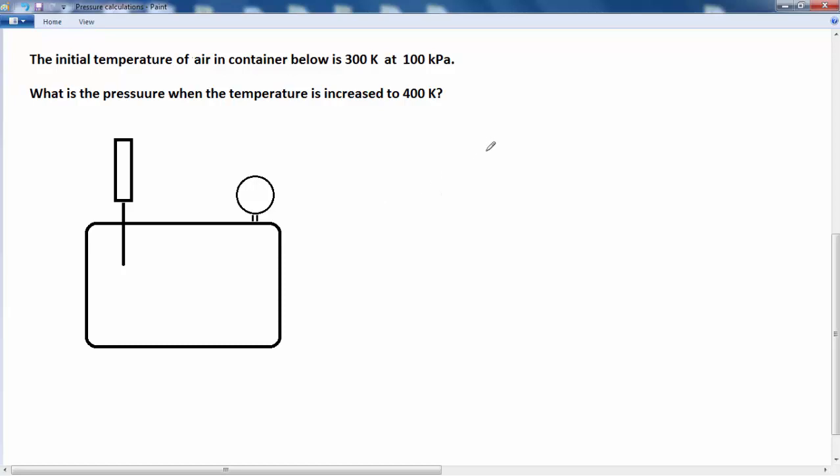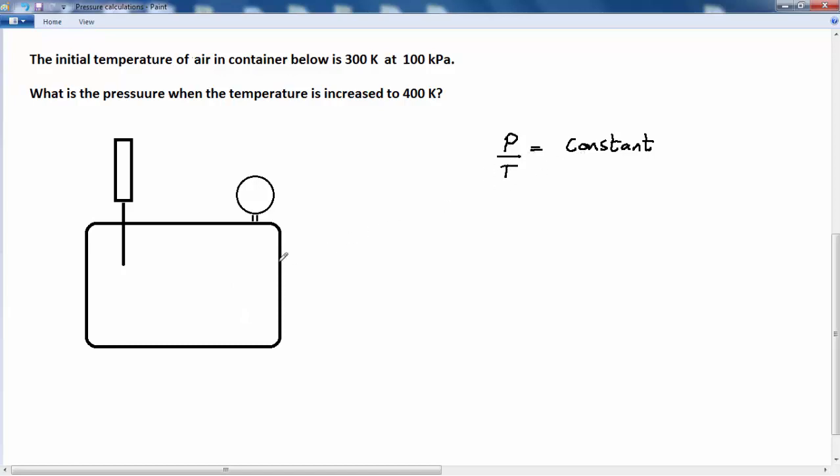So this time we're using the other gas law, which is written as this. We say P, that's the pressure divided by the temperature, is equal to a constant. And as before, we can say that as we increase the temperature in this container, the value of P divided by the T is always the same.